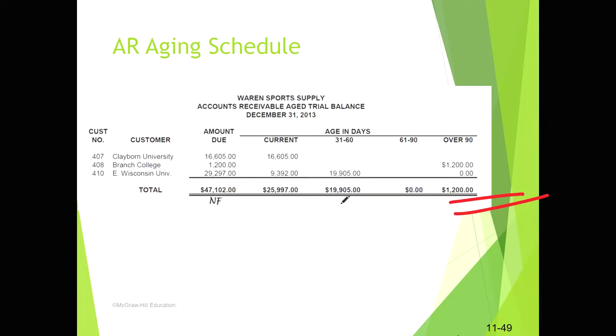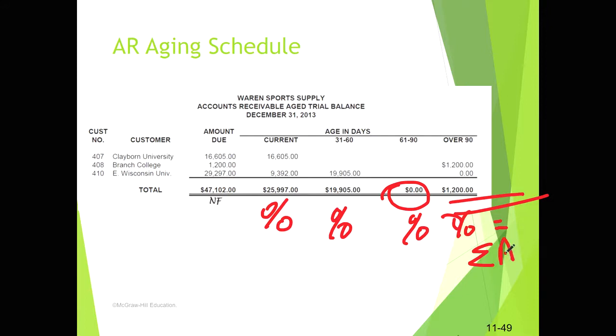How much of this, if there was anything in this bucket, what percentage of this bucket would we expect to get back, right? What percentage of the 31 to 60? What percentage of the current, right? And if we added all that up, that should give me now what my allowance balance should be, right?